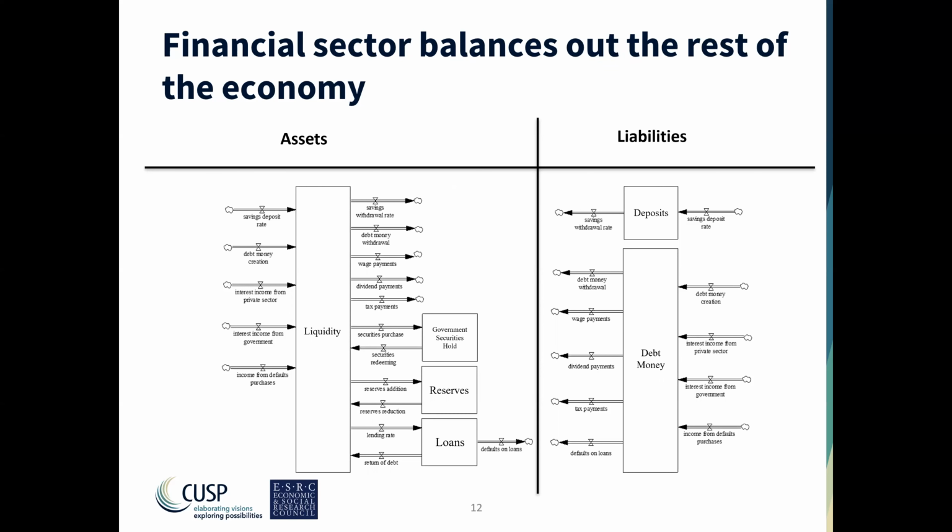On the asset side, you find that we use the Basel III structure for assuring solvency in the banking system, including liquidity, reserves, and loans as total assets of the bank. Finally, we assume here that when government creates debt, that can be owned by the financial sector by purchasing and selling securities and bonds.